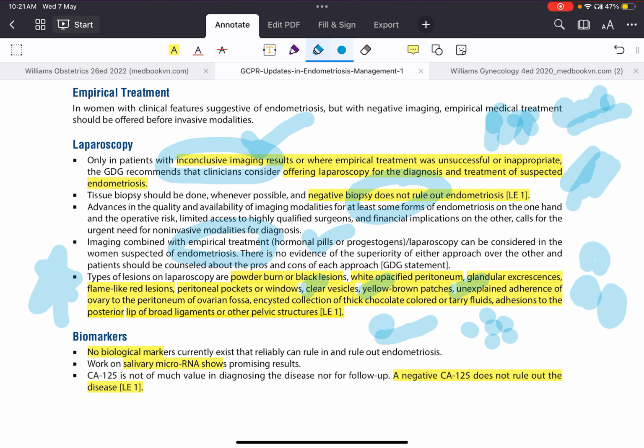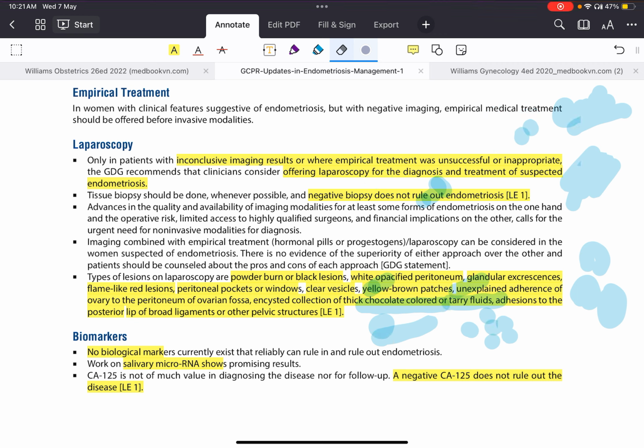The ovary will be adhered to the peritoneum, and there is thick chocolate-colored fluid, adhesions of the posterior leaf of broad ligament or other pelvic structures. So basically, in endometriosis you should suspect adhesions, and we can see the ovary being adhered to the peritoneum below, and we can see lesions like powder burn lesions, red flame-like lesions, white opacified lesions.